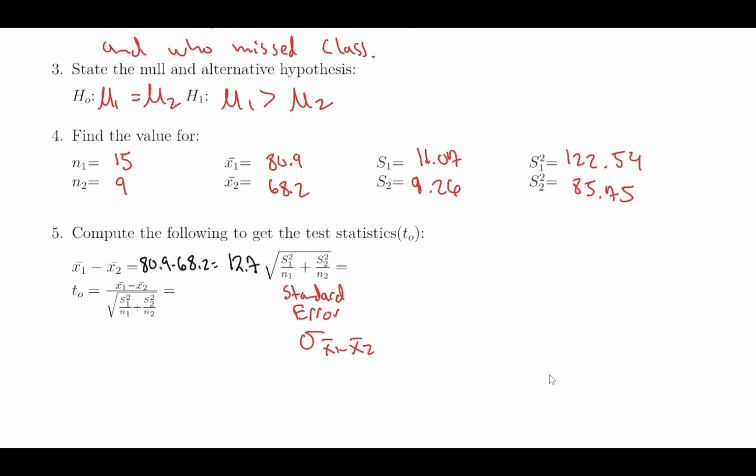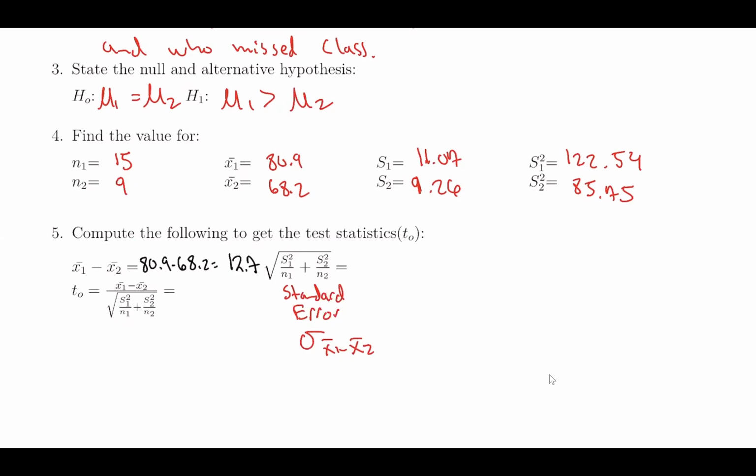That's how much of a difference we have between people who attended class and people who missed class. There's a 12.7 average score difference between people who missed class and people who attended class.